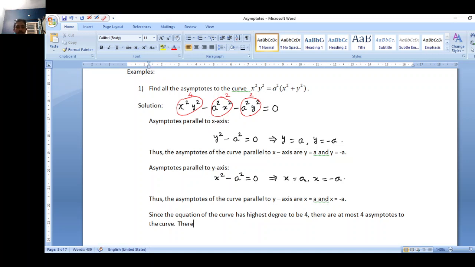So I would simply say that there are no oblique asymptotes to the curve.